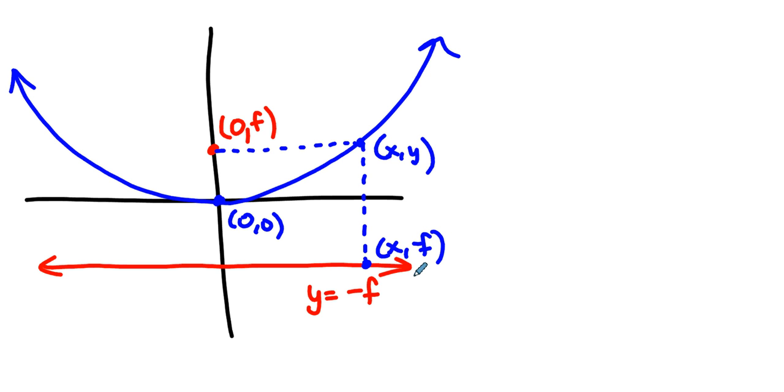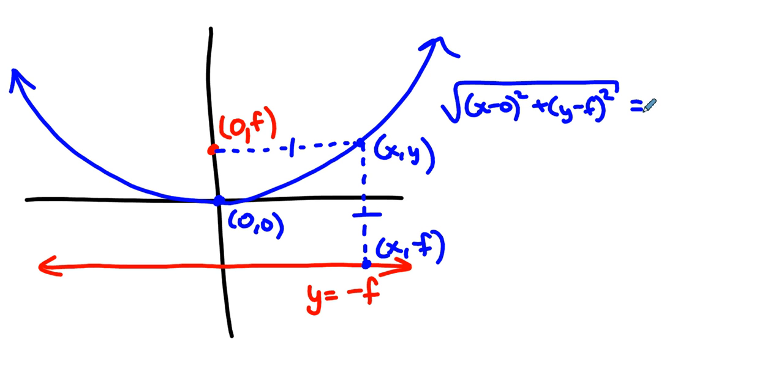And so what do we know? We know that these distances are the same. So the square root of the difference in the x's squared plus the difference in the y's squared is this distance, which just happens to be y plus f.